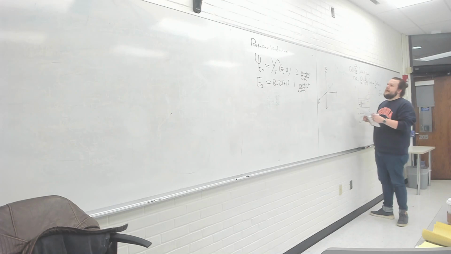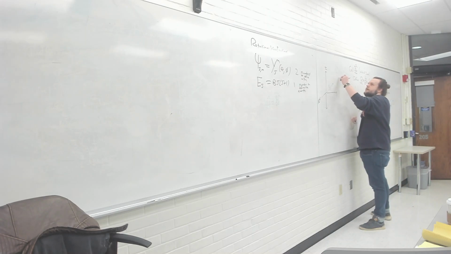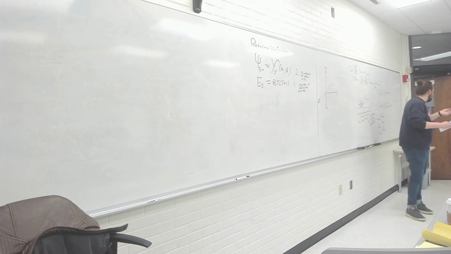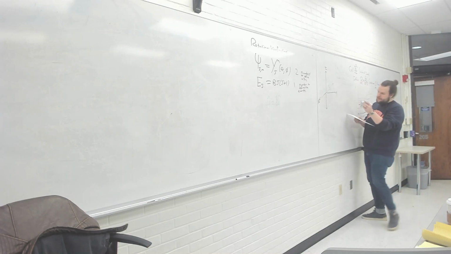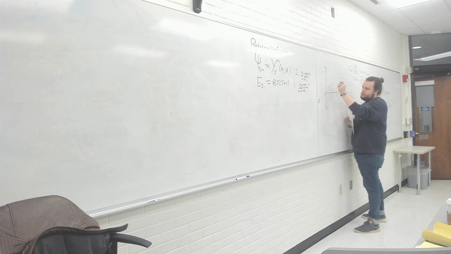So what this tells me actually is that the length of the L vector, the magnitude of it, is the square root of h bar squared j(j+1). All right, so if L squared is this, then the length of the vector is the square root of that. So the length of this is equal to h bar square root of j(j+1).